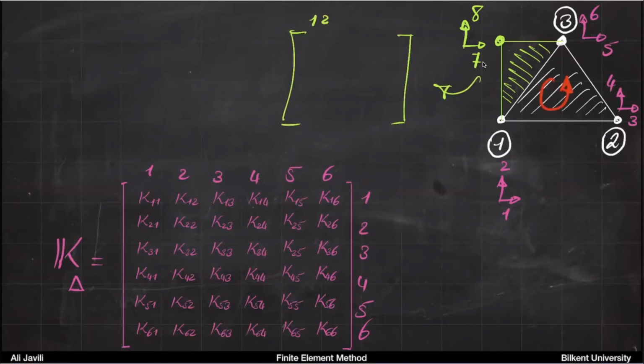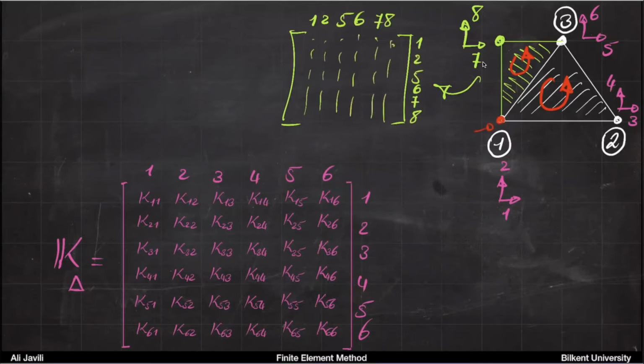So let's say we do the same thing here, starting from the same point. The degrees that you have would be 1, 2, 5, 6, 7, 8. Okay, and then you would have obviously the components corresponding to that, but eventually this is just a 6 by 6 matrix.